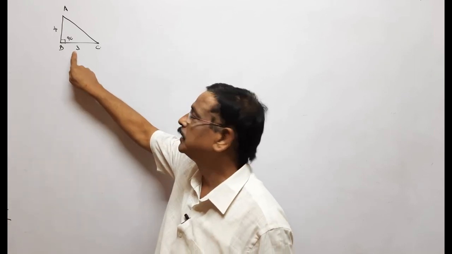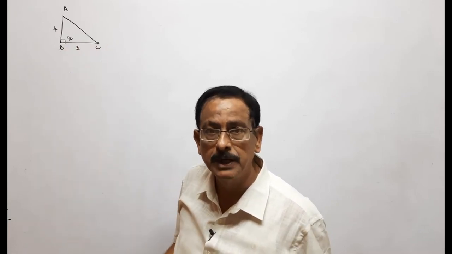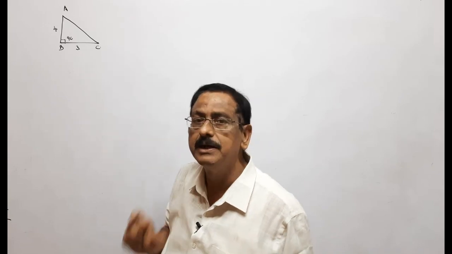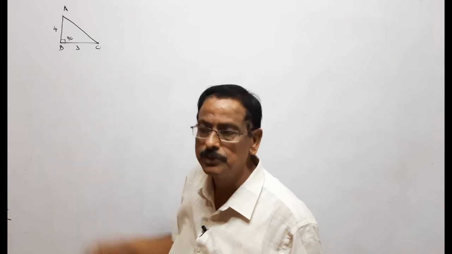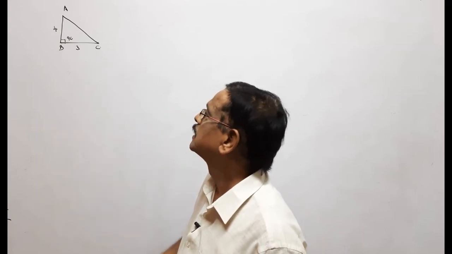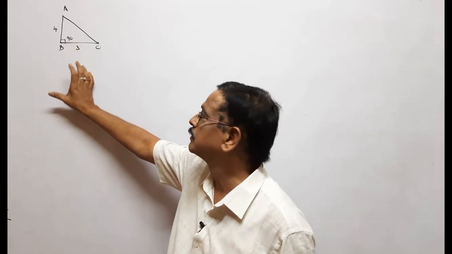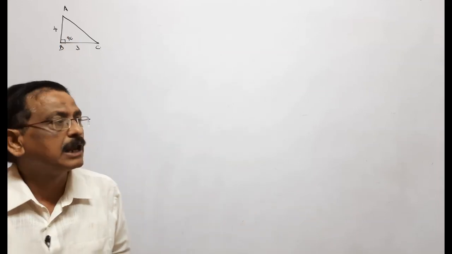What do you mean by 3 and 4? 3 units, maybe 3 centimeters, 3 kilometers, 3 miles, whatever it may be, it is a length. So it is called 3K. Usually we can write down 3K, but simply instead of writing 3K, we will write BC equal to 3, AB equal to 4. Now let us evaluate certain things from this.